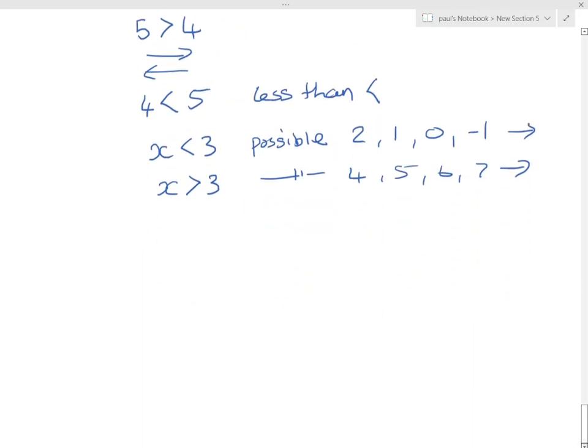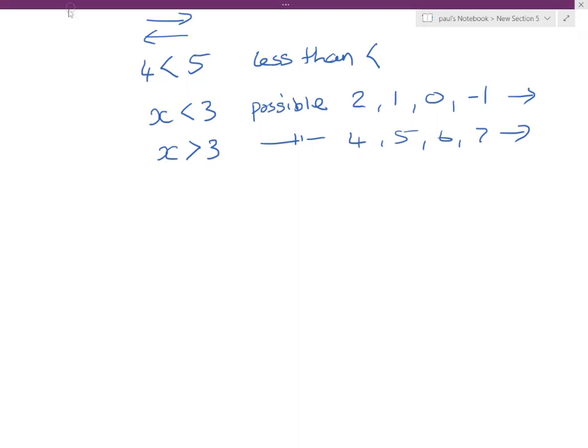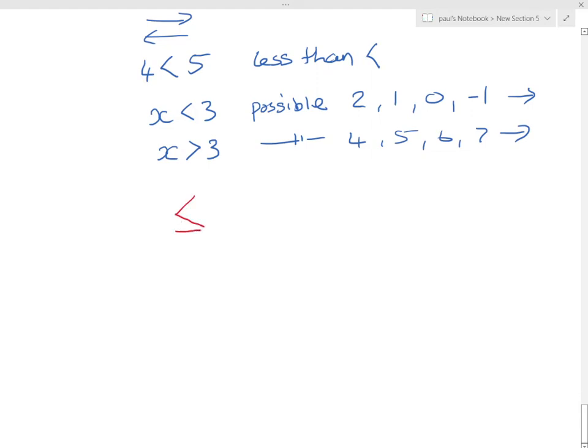Now, there is another sign here, or rather a more complicated version of the same thing. It's mostly written that way, and this means less than or equal to. So let's put that into action, and we'll have x and 3.